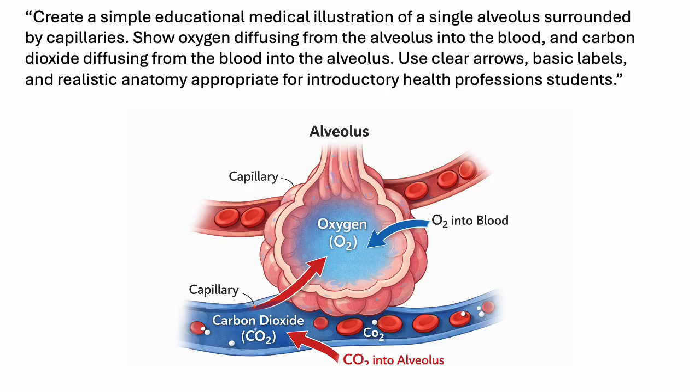And then there were a lot more pieces of information that it added in that it wanted in the image. So notice the amount of information and details that's added into this prompt itself. Clear arrows, basic labels, realistic anatomy. So with all of this particular information, this was the image that was then generated.